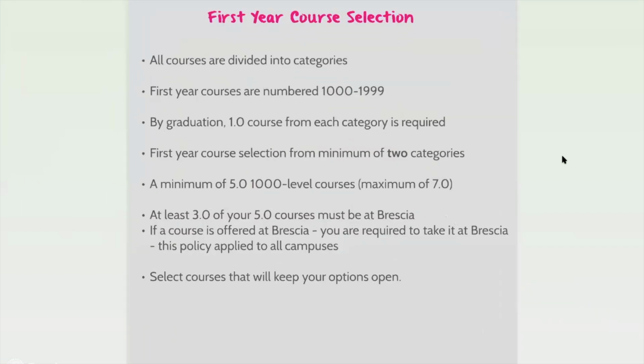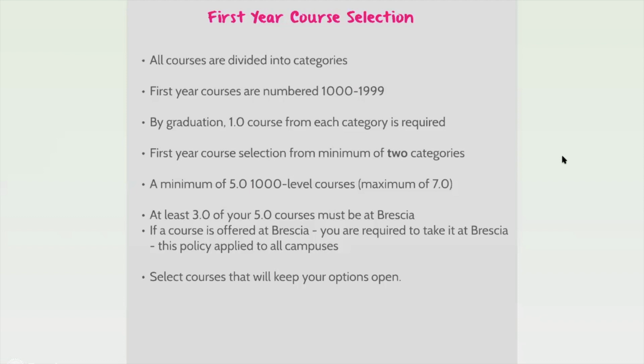So just to do a little bit of a recap here, all of the courses are divided into different categories. Your first year courses are numbered 1000 to 1999. By graduation, you do need to have 1.0 from each of your three categories, categories A, B, and C. However, in first year, you do need to select at least 2 of the 3 categories.